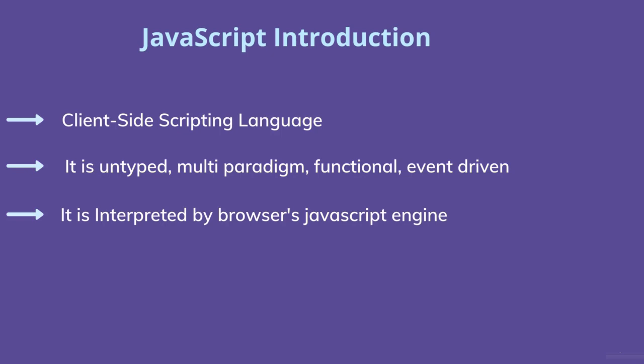Now something more about JavaScript, let's see. It is untyped. Untyped means, if we know something about programming languages, you may know about the thing called data types, which specify the type of data we are going to process. But while working with JavaScript, you will observe that it is untyped, meaning it is not a type-safe language. So whenever you have to store something, you will just use a variant type, and that type can store any type of value.